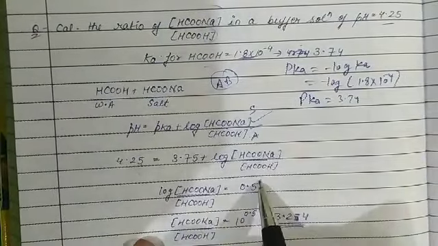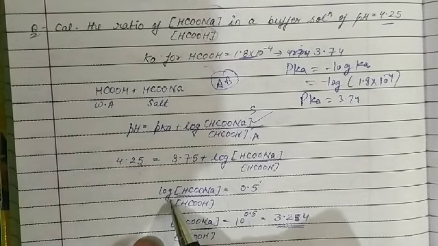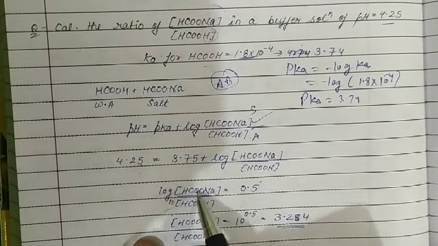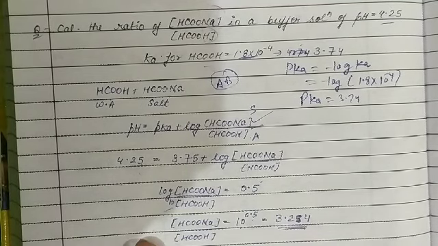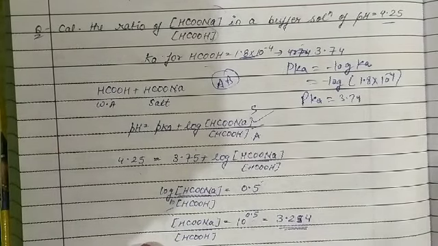So log comes here by using the log property. As the base is 10, the concentration of salt by acid becomes 10 raised to the power 0.5, which is equal to 3.25. So this is basically the acidic buffer.